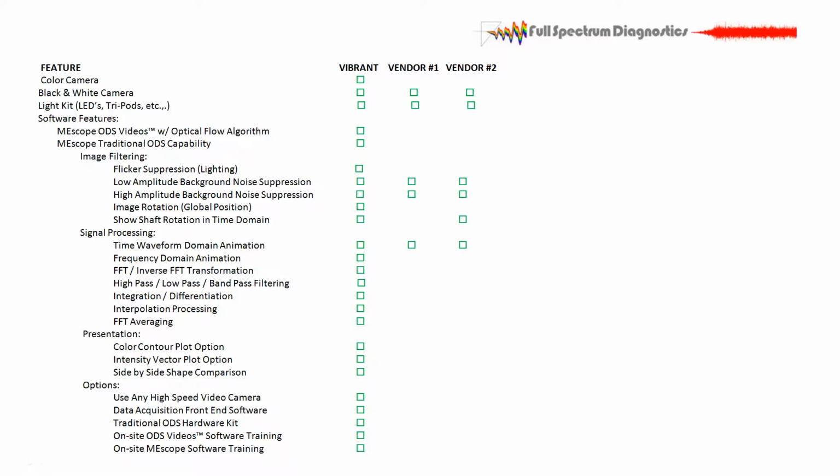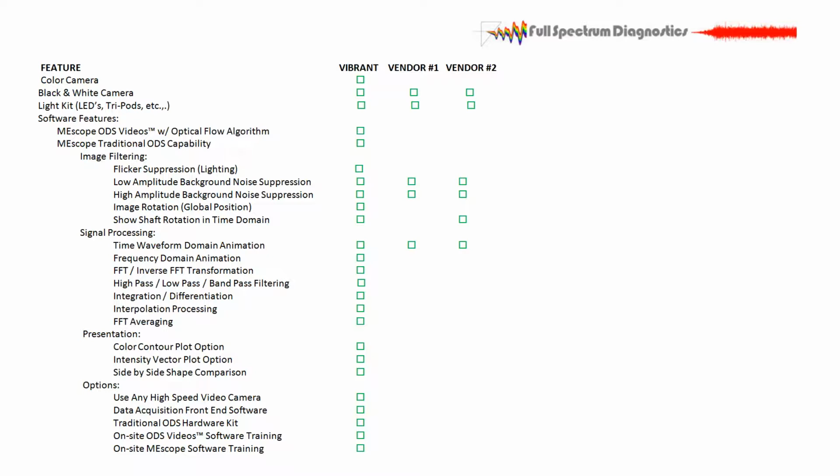I went to Home Depot to buy LED lighting for this, and I bought the cheap ones off the shelf, and it turned out that when I took my first series of measurements on some machinery, it looked like there was a strobe light going off in the background because they were flickering.